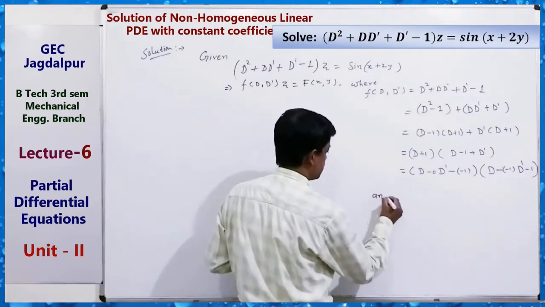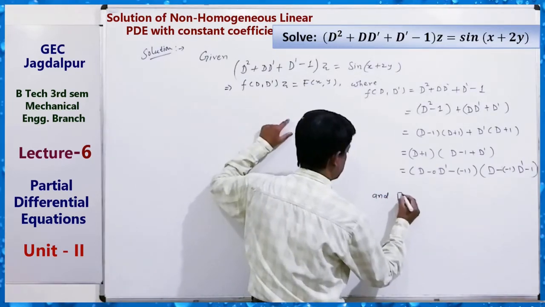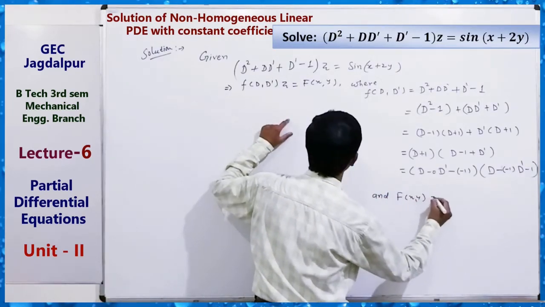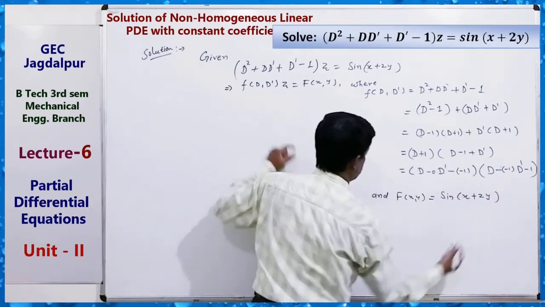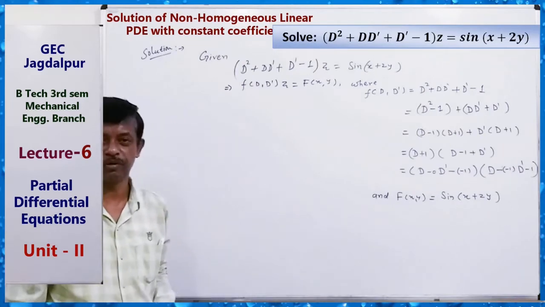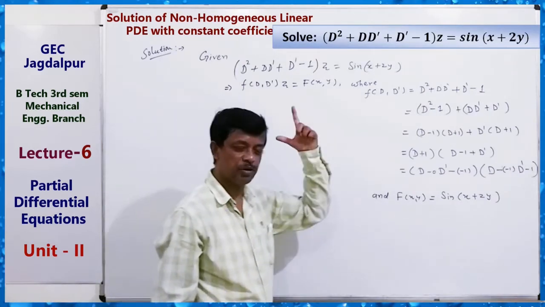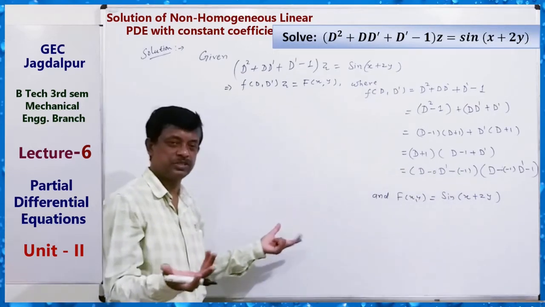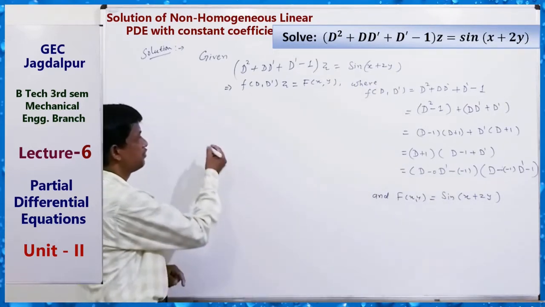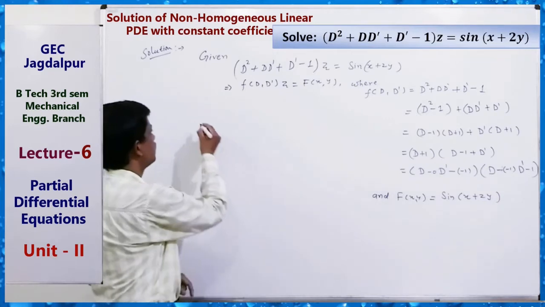And here f(x, y) equals sin(x + 2y), so we can use the formula for sin(ax + by) as before for the homogeneous equation. The factorization is this.